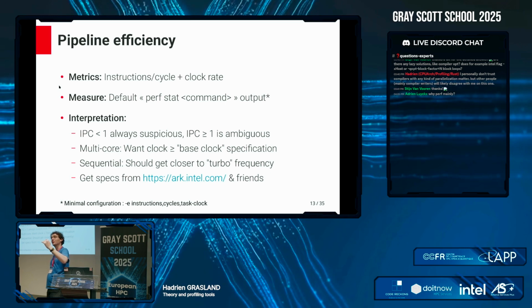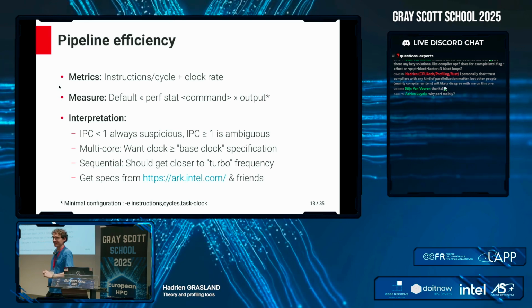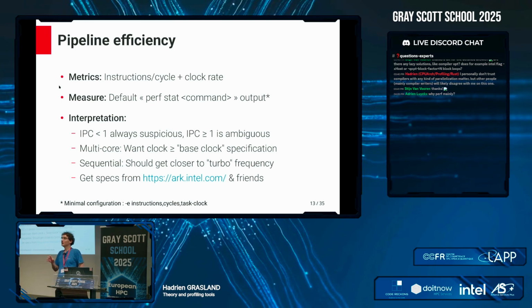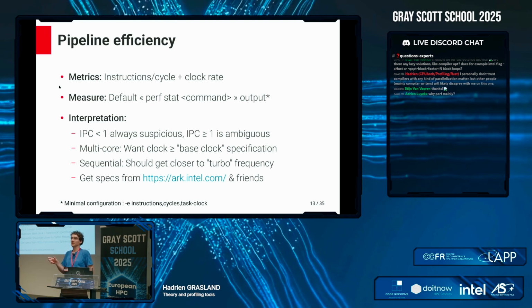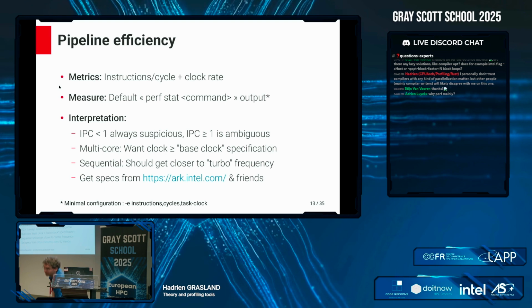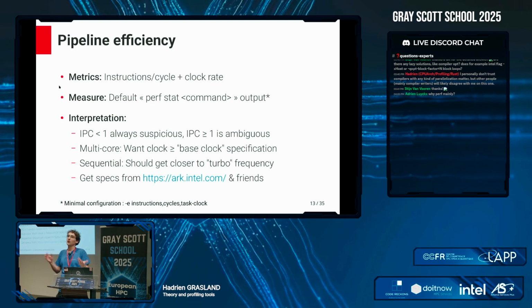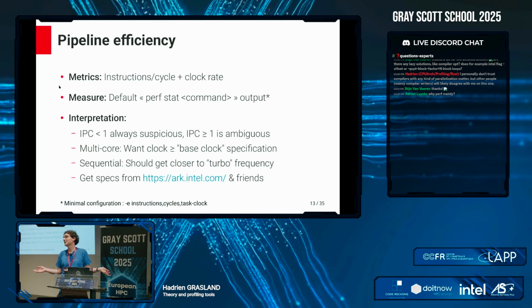Until they get to the point where they can again execute one instruction per cycle, but at a very low clock rate. This means that on such CPUs, you should not look at instructions per cycle alone. You should also look at the clock rate of your CPU, which is obtained by dividing the number of cycles that have elapsed by the number of nanoseconds that have elapsed. That's easy.